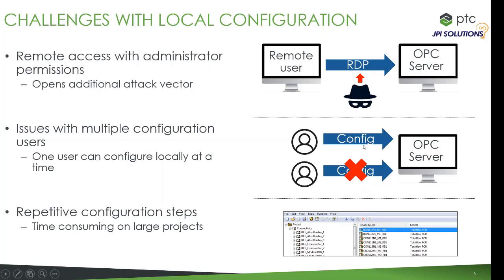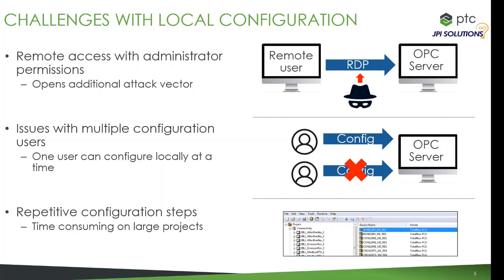One is that if that machine is difficult to get to, or in a DMZ, or just not accessible, in the case of Windows, it requires using something like RDP, or other similar tools. And it's not to say that RDP is not secure, but essentially you are opening up another tunnel and another attack vector to the server when you're using a tool like that.